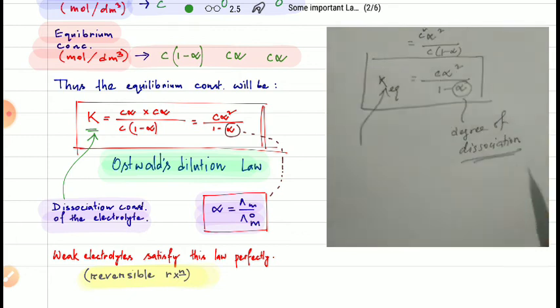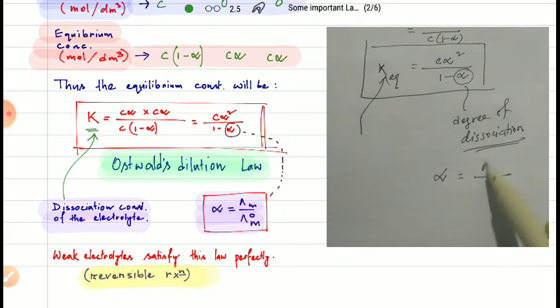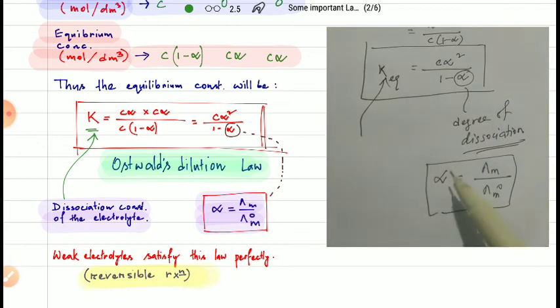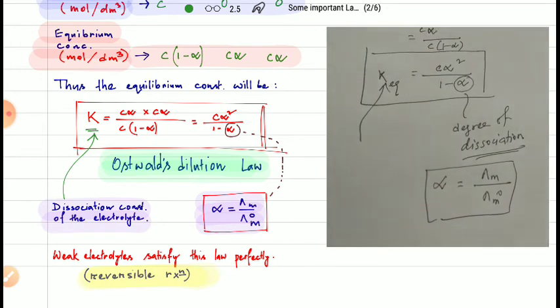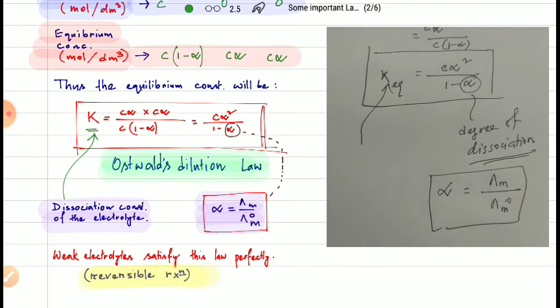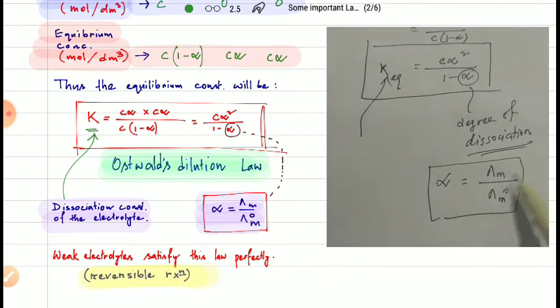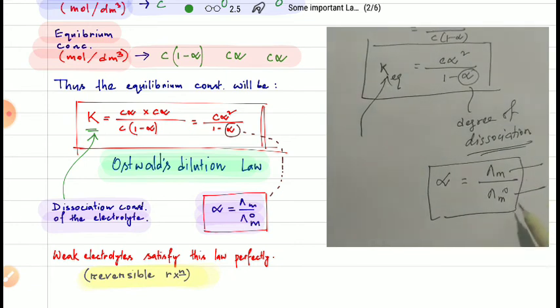We can calculate the degree of dissociation of that electrolyte by knowing the molar conductance and the molar conductance at infinite dilution.